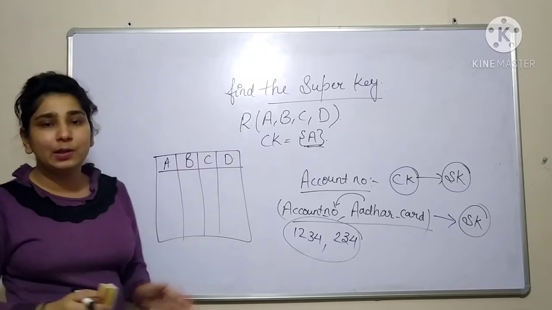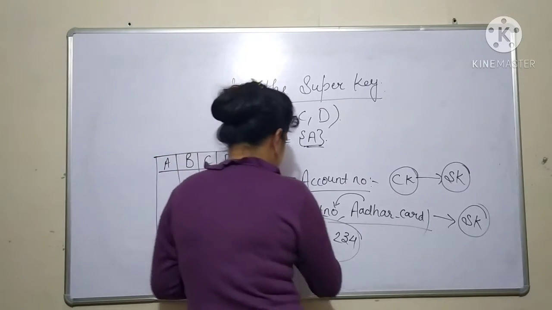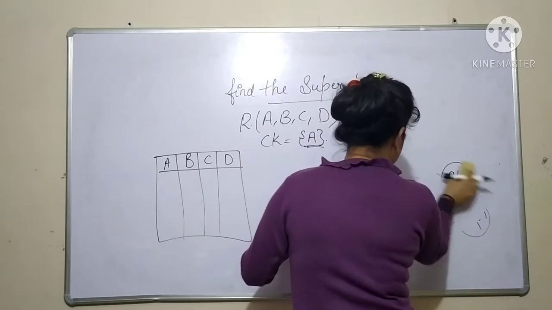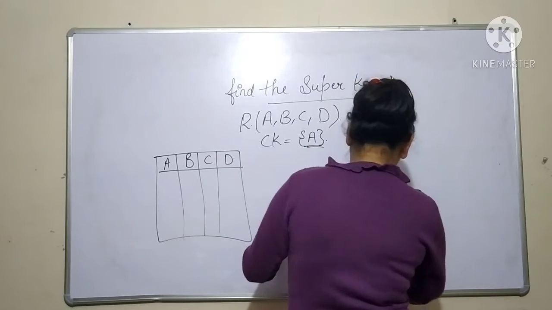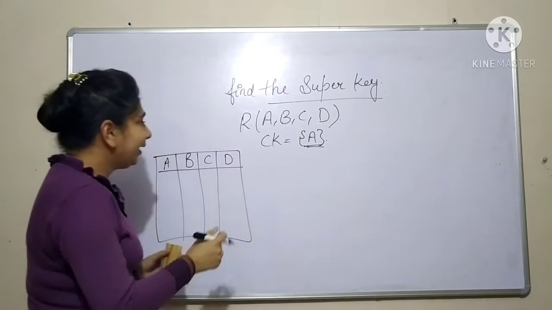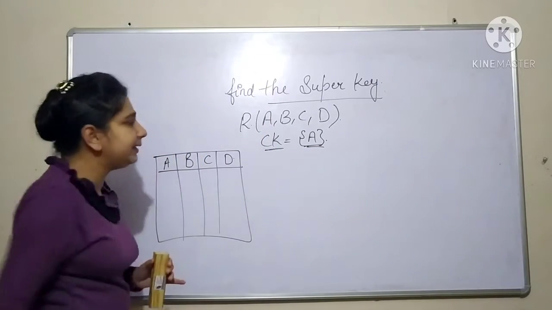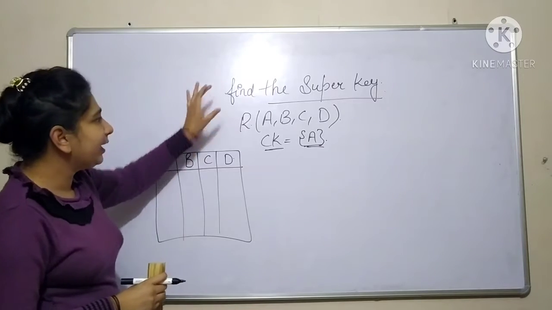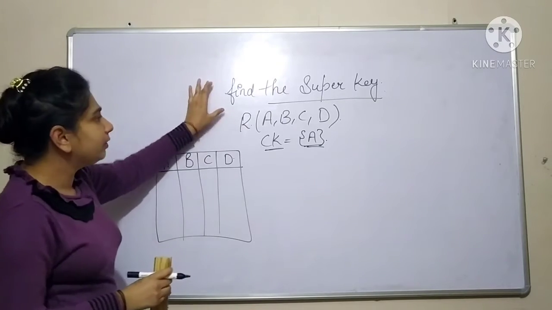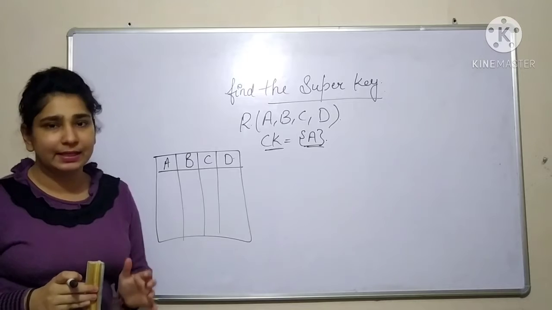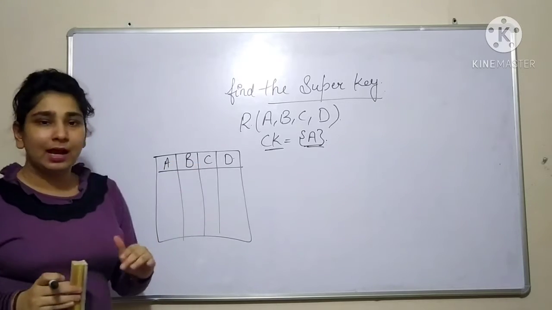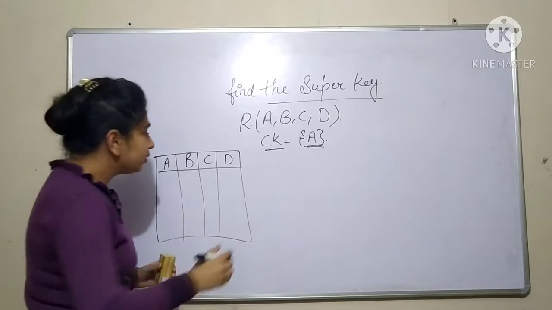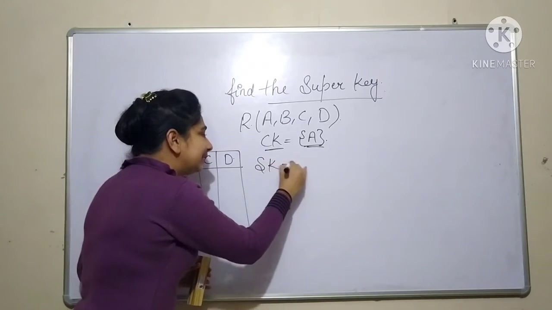Now let's take a look at this example. We have one candidate key. What we have to do is find the total number of super keys we can get out of this table with these four attributes.